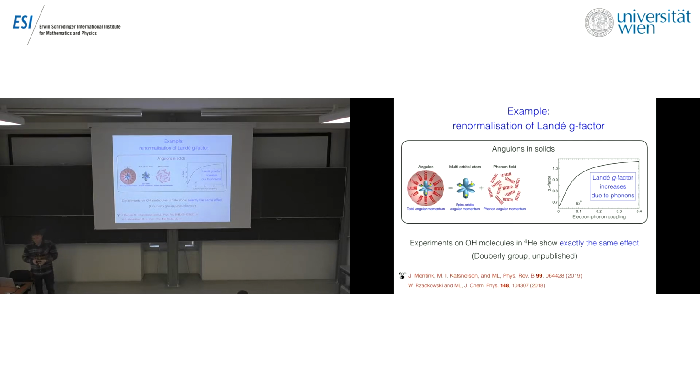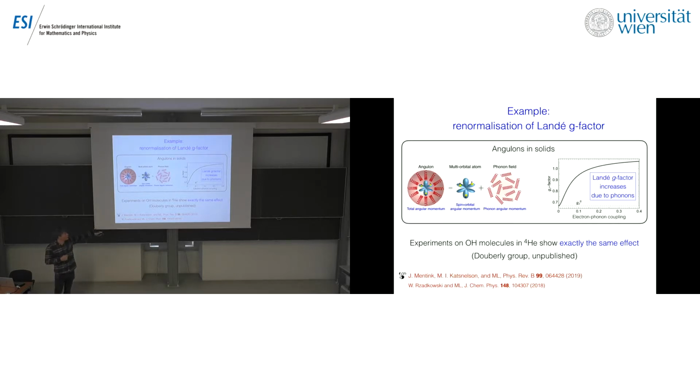For example, for molecules, what you're interested in is some kind of mechanical response. If you rotate it mechanically, you observe that the moment of inertia changes. For electrons, it's different. They're not that mechanical, but what you can try to understand is how the response to the magnetic field changes, so the Landé g-factor. The Landé g-factor is kind of a moment of inertia for electrons; one could think of it in that way.